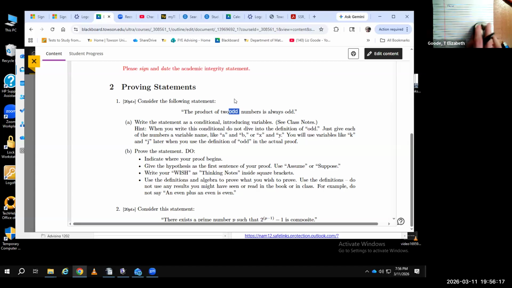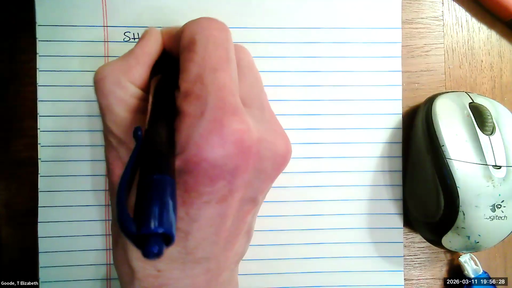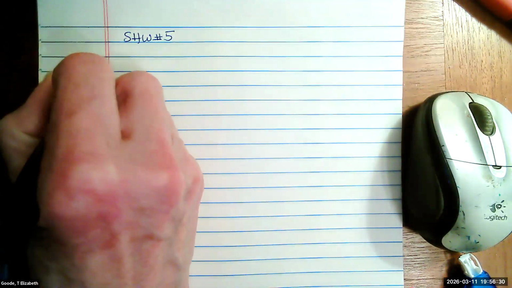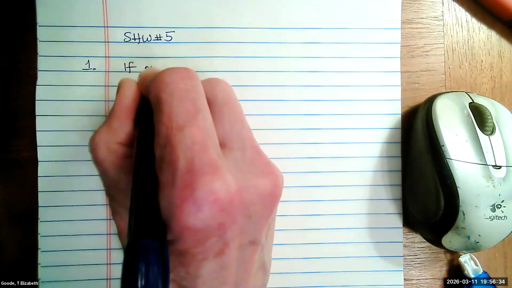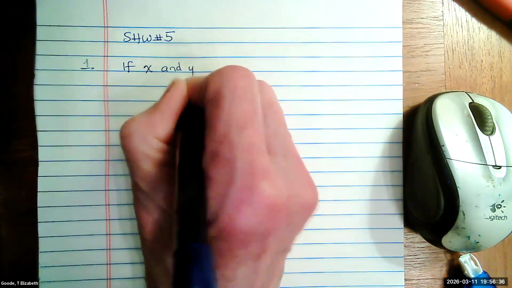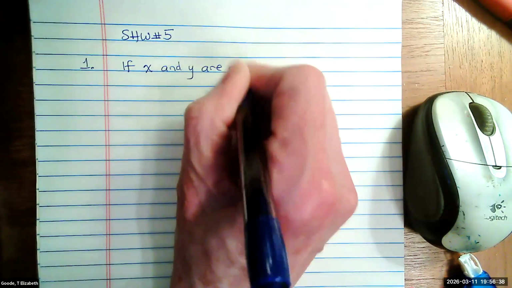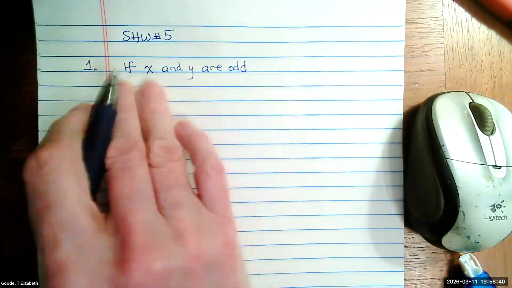All right. It's all about figuring out what the domain is. And that domain should be the condition. Once we have the numbers in that domain, the result will follow. So if X and Y are odd, all right, so now we've got ourselves two odd numbers.